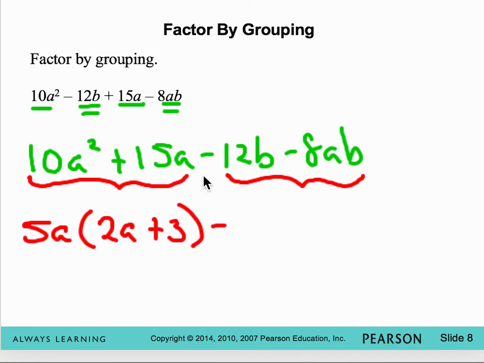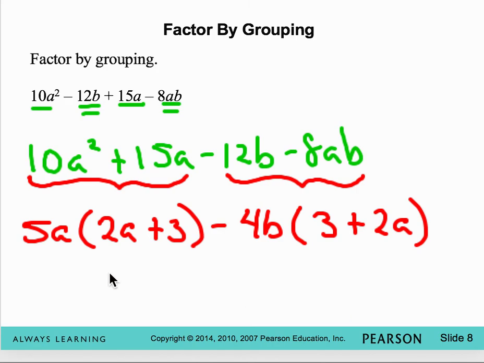Got a minus sign, so be careful. Now over here I can factor out a 4B. So I factored out, really, remember, negative 4B. So that's going to leave 3. Minus come out. 8 divided by 4 is 2 and the B. So plus 2A.